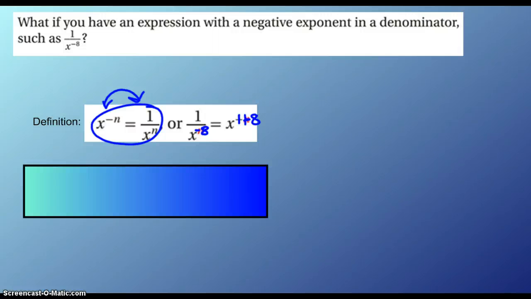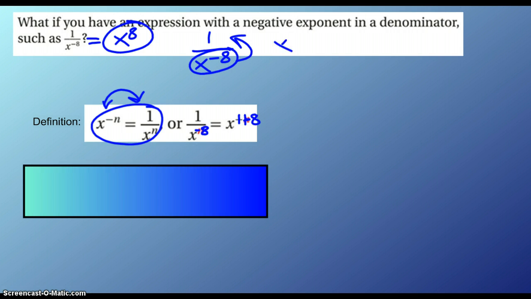So really what happens here is this is the same thing as x over 8, or x to the 8th power positive. So what I like to think of is if I've got something in my fraction that's got a negative exponent, I consider that not happy. So I'm going to move this to the other spot to make it happy. X over 8 to the first, or just x to the 8th power. Alright, we'll talk more about that tomorrow.